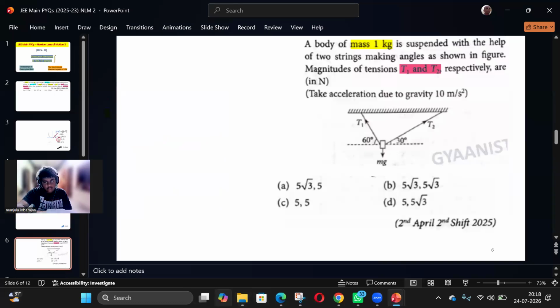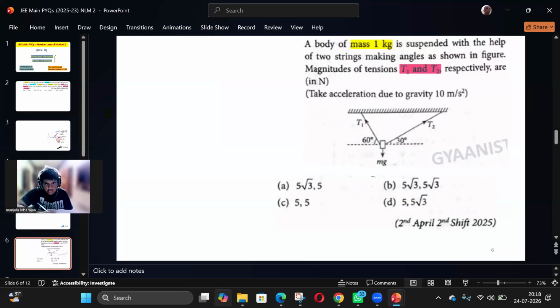This one. Mass 1 kg is 100 with that proportion. Sir, what is the tension formula again? I forgot. You can use the theorem.